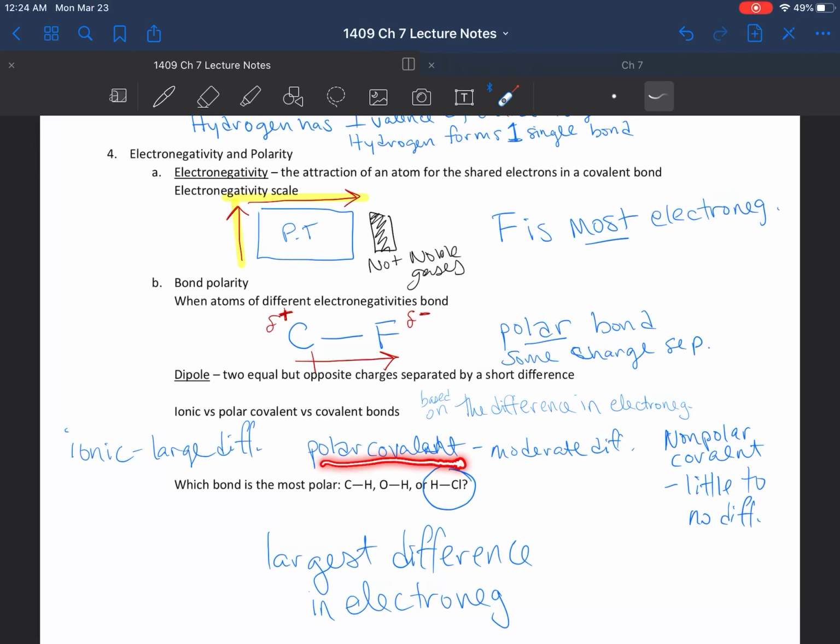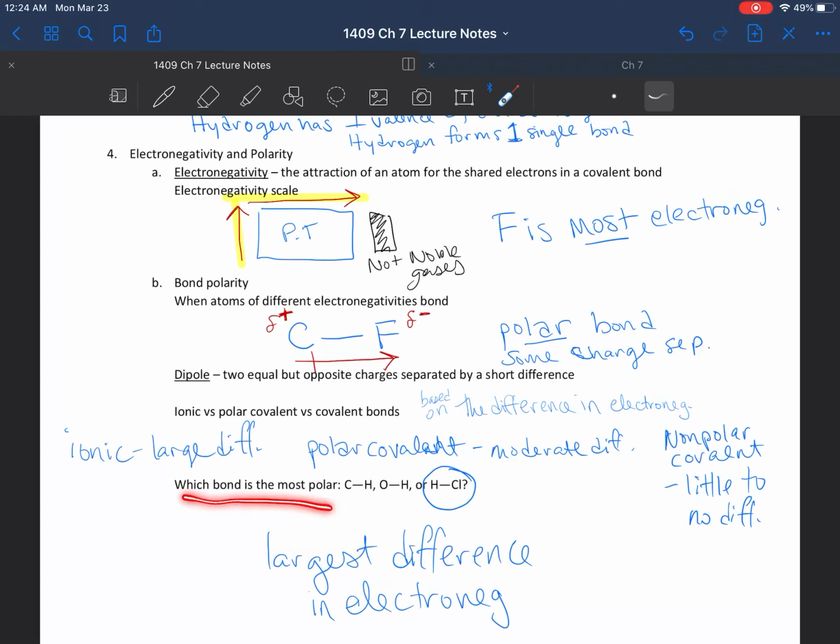They're not forming ions, but it is an uneven sharing. If you have 2 atoms that have similar to the same electronegativities, say you have something like a carbon-carbon bond, this would be non-polar covalent because neither carbon is going to be pulling harder on the electrons.